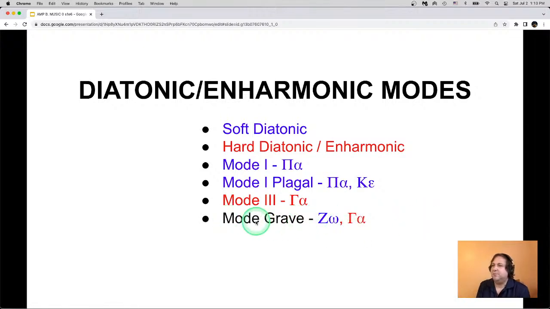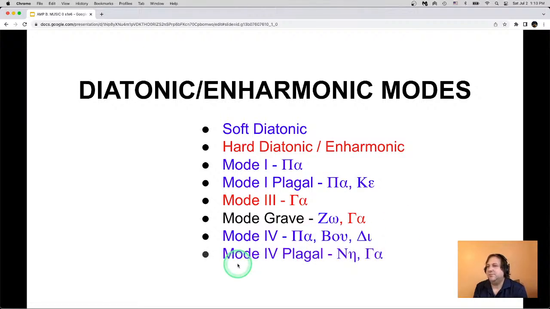Grave mode, also known as plagal third mode. It is soft diatonic on zo, and then when it's on ga, it's hard diatonic, also known as enharmonic. And then fourth mode, soft diatonic, plagal fourth mode, also soft diatonic.